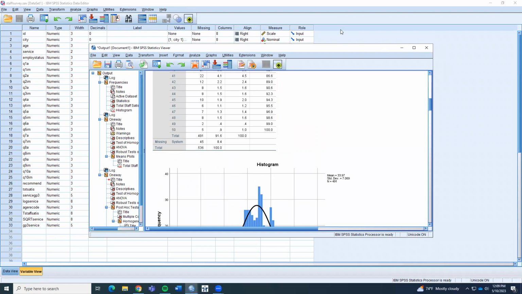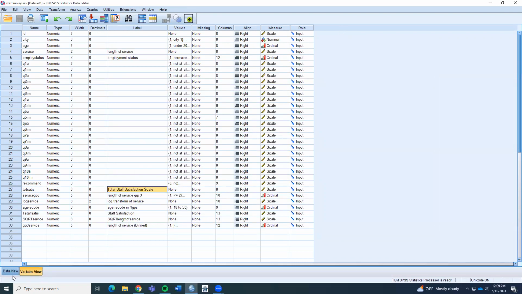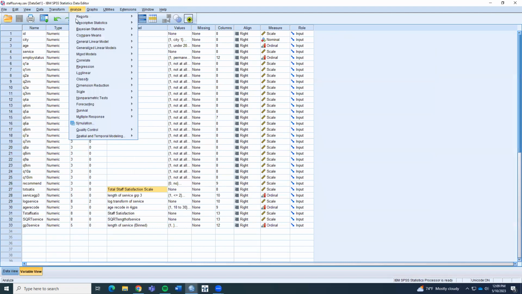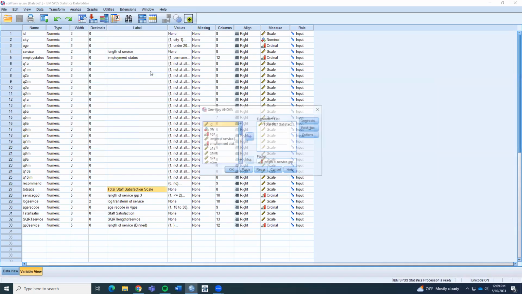So to do that, I'm going to do it with the data versus the output chart. So this time we're going to go to Analyze. Then we go to Compare Means. From Compare Means, we go down here to One-Way ANOVA. And this is really involved. So I had to use my thinking cap quite extensively.